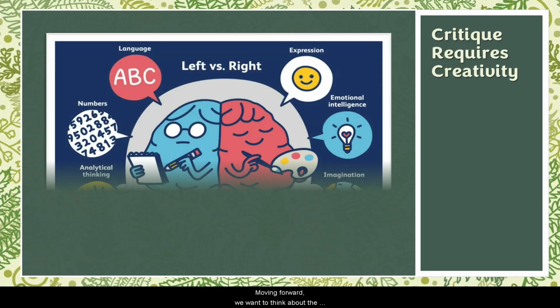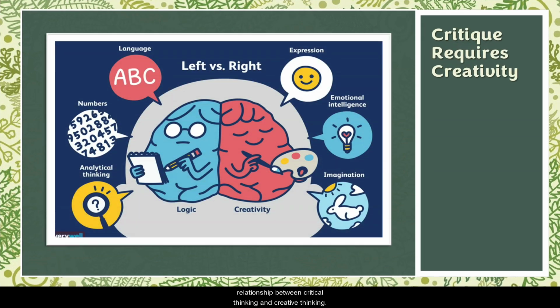Moving forward, we want to think about the relationship between critical thinking and creative thinking. We might be familiar with the idea of the left brain versus the right brain, where logic and analysis is a separate function from expression, imagination, and emotion.